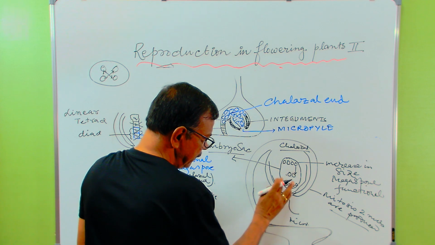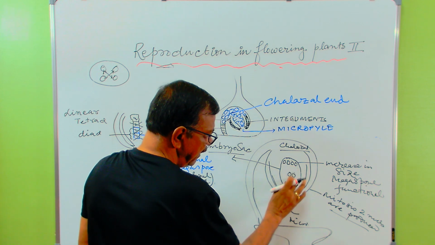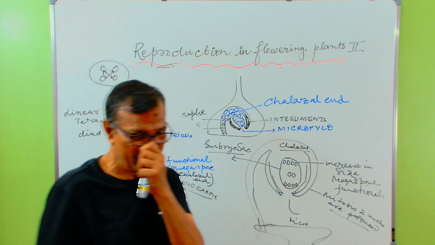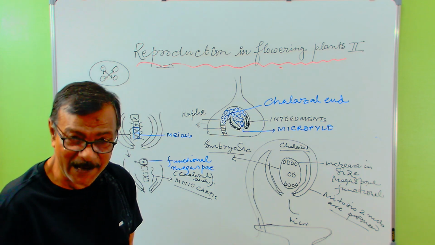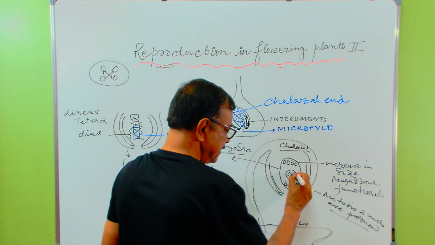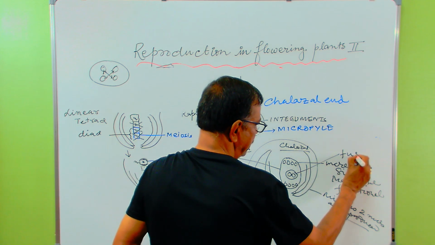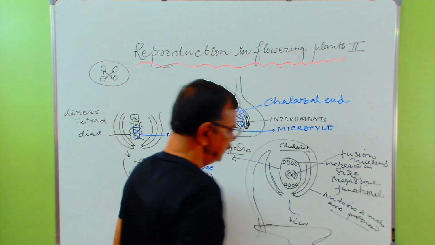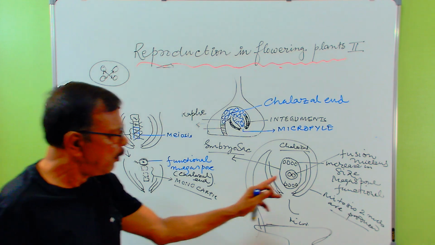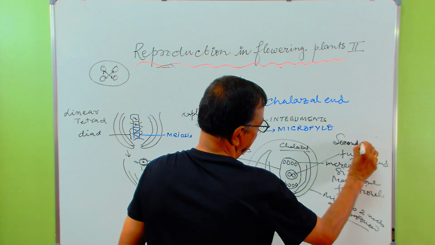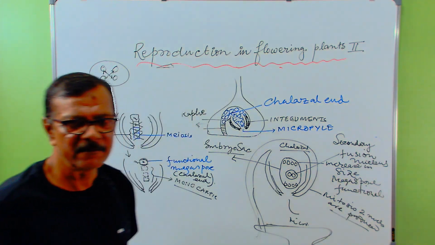Actually these are called polar nuclei because they are coming from the poles. When they come, they fuse. Then this is called fusion nucleus or secondary nucleus.